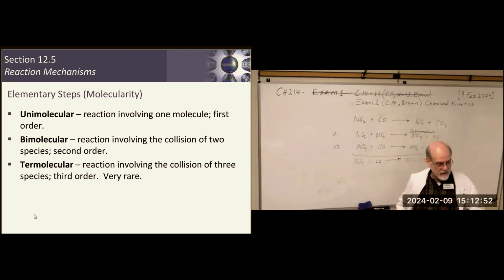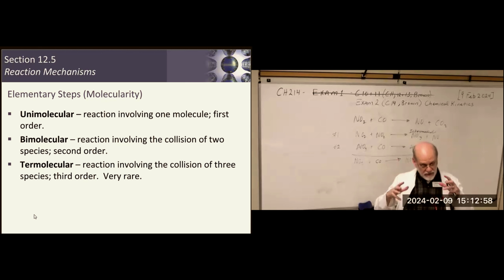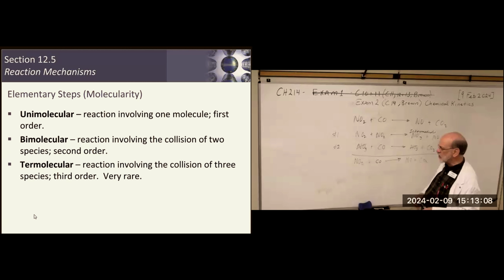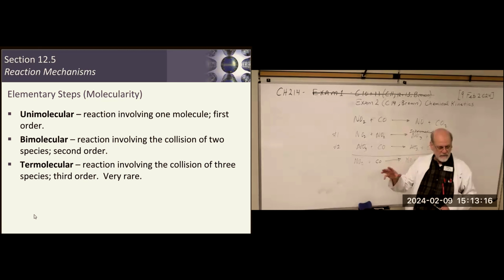The reason it's rare is it's very difficult to get three together in just the right orientation, just the right energy to react. We only use termoleculars when nothing else works. And when we talk about the orders, the unimolecular is considered first order, bimolecular is second order, termolecular is third order.